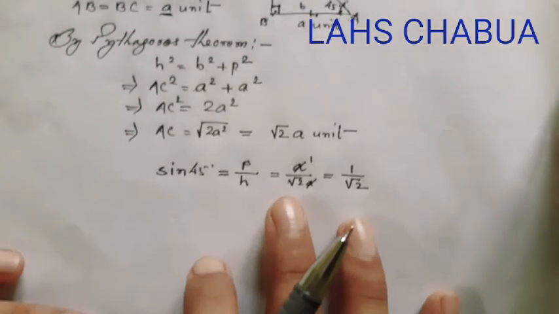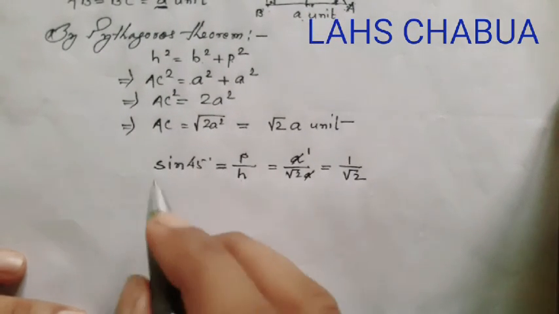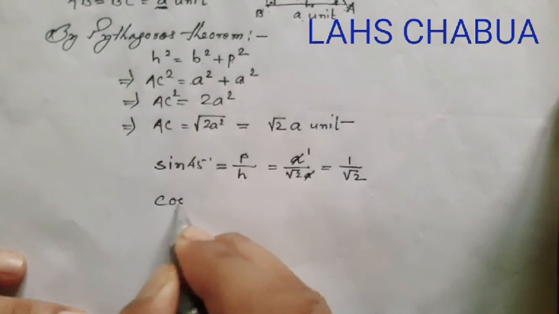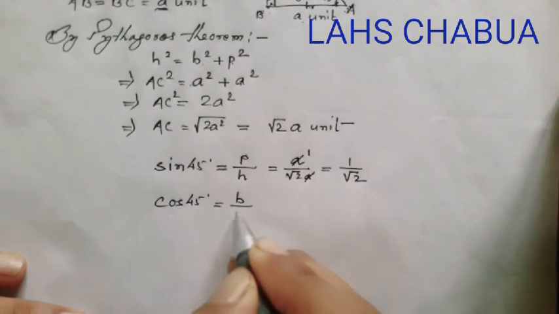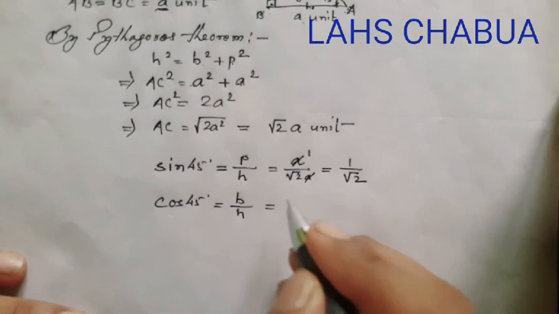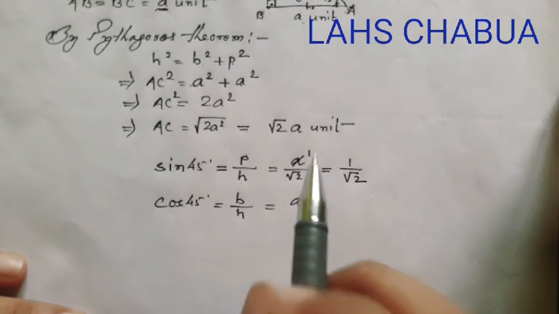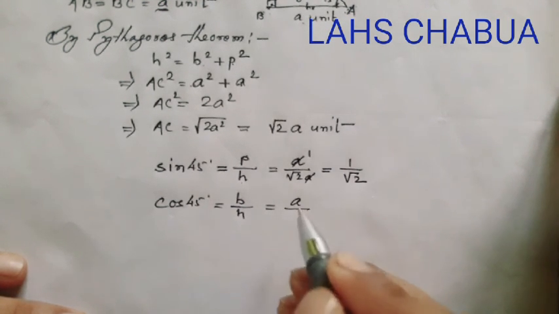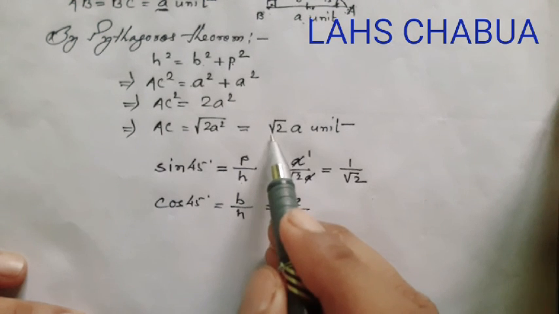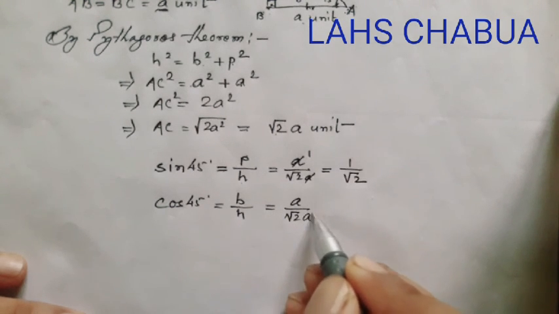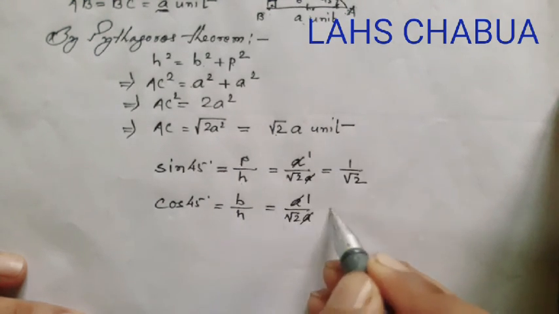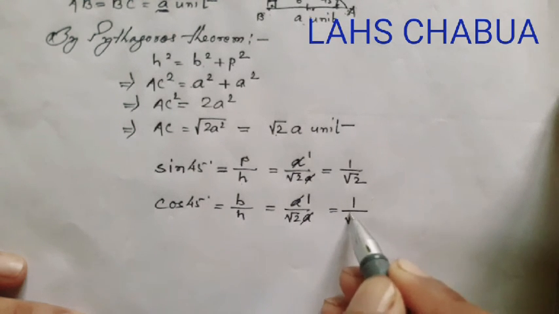In the same way we can obtain cos 45. Cos 45 is b by h, base upon hypotenuse. Our base is a unit, base is also a, and hypotenuse, just from our calculation we got length of hypotenuse root 2a. So root 2a, again same, you can cancel a. So what we got? 1 by root 2.